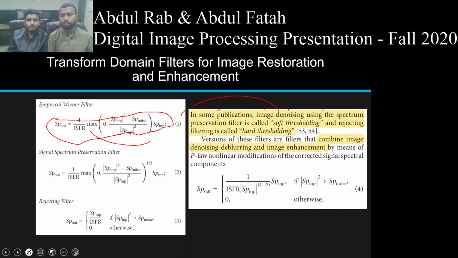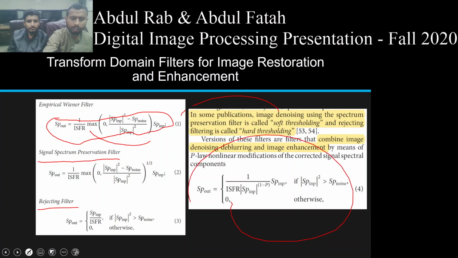Now versions of these filters combine image denoising, deblurring and image enhancement by means of p-law nonlinear modification of corrected signal spectral components. Here we see it is the combination of the last two, the signal spectrum preservation filter and the rejecting filter, and we will get this.